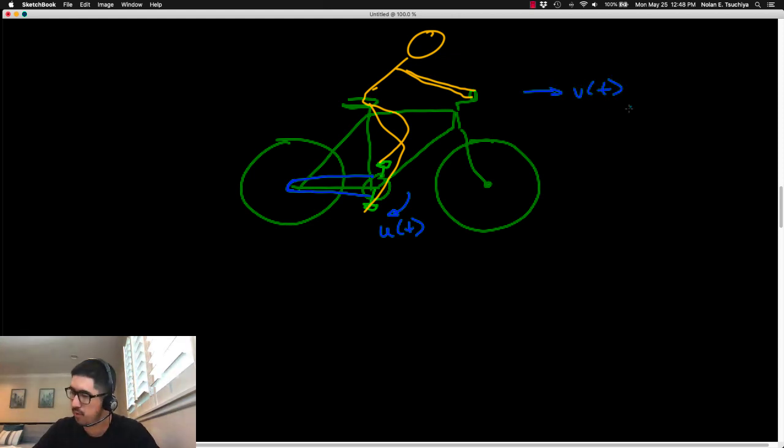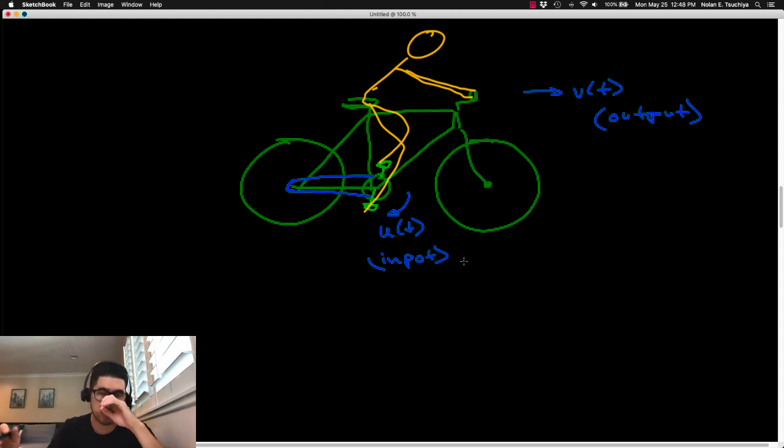So the output of the bicycle system is the forward velocity that you get by turning the cranks, and the input is your torque applied to the cranks. The bike system has some mass associated with it. It's in our Earth's atmosphere, so there's some aerodynamic drag associated with it. All of that factors into the dynamic behavior of this system.